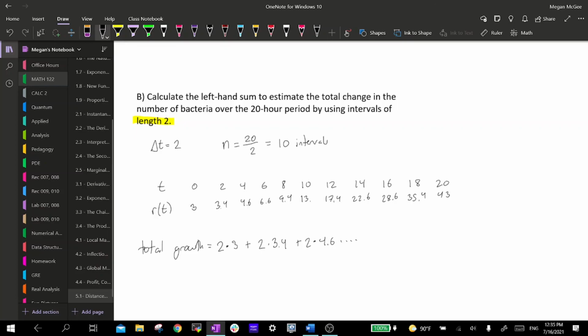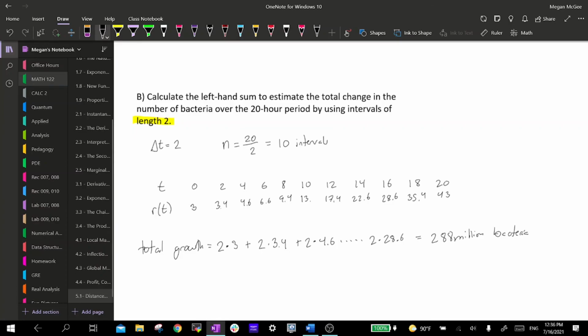And in the interest of time, I'm not going to write this all out, but our last one would be 2 times 28.6. And we'd end up with 288 million bacteria.